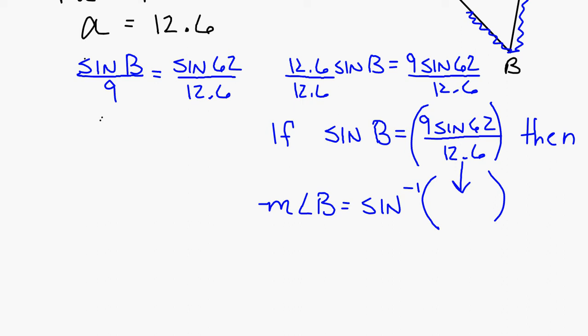So 9 times sine 62 equals, divided by 12.6 equals, and then you can push second sine. And you should get 39.1, so it's 39 degrees.